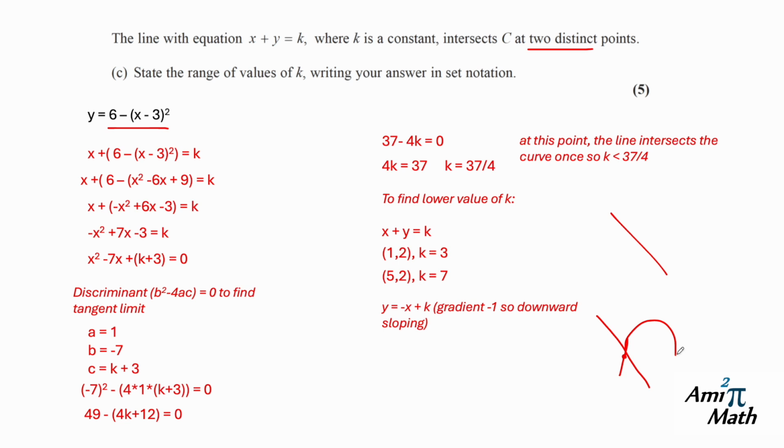Whereas if the line hits the curve at (5, 2), it can hit it twice. So in this scenario, we would pick k equals 7 as our lower value of k. And obviously, k can equal 7 and be greater than it. So we would write it as 7 is less than or equal to k, which is less than 37 over 4.